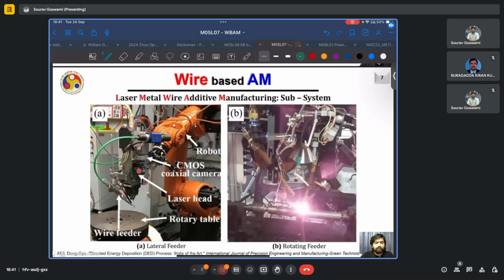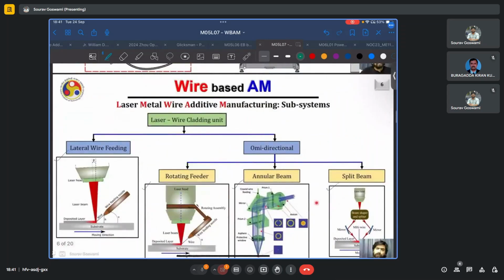On the other side, we have a rotating feeder, where to ensure omnidirectionality, the deposition head is mounted on a rotating assembly so that omnidirectionality can be preserved. And typically for wire additive manufacturing, it has been observed that front feeding tends to give the best results. In some cladding applications, back feeding is preferred.